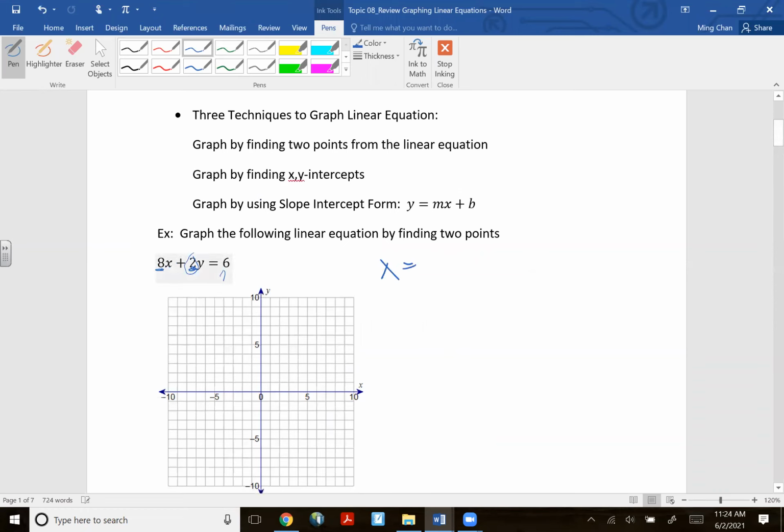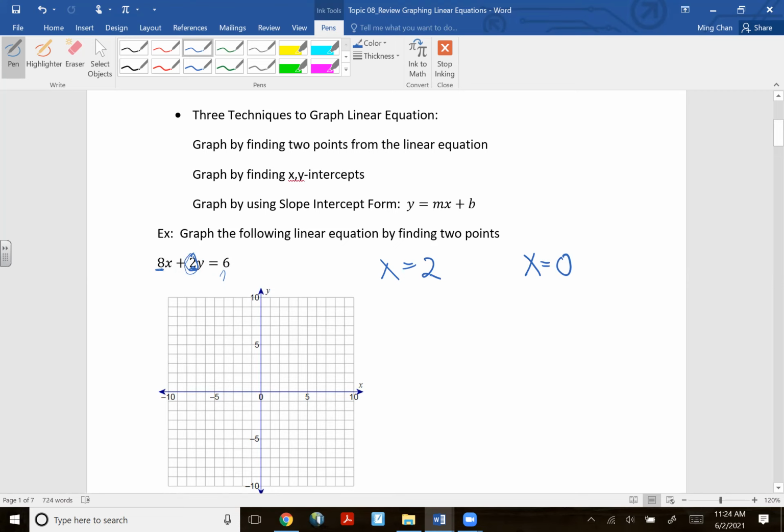Anything that is divisible by 2. Because once I pick a number for x, at the end, while I'm solving for y, I will divide by the coefficient 2. So that's the reason why I want to pick anything that's divisible by 2. So I definitely can pick a 2 first. And another number I can pick, always a good number to pick, is 0, because 0 times anything is 0.